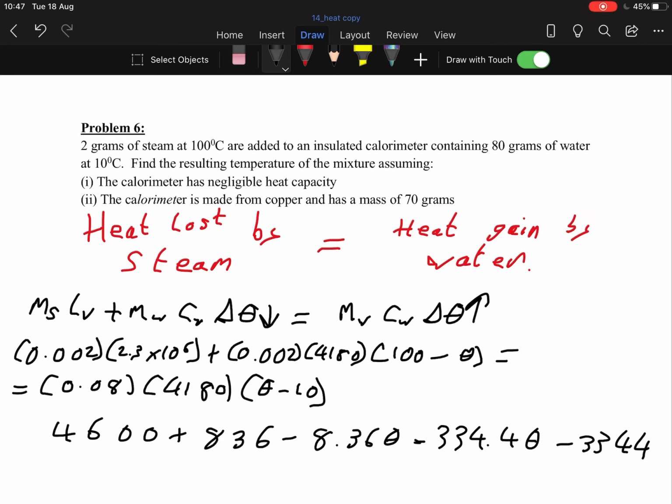Bring all the thetas to one hand side and all the numbers to the other. 342.76 theta equals 8780.